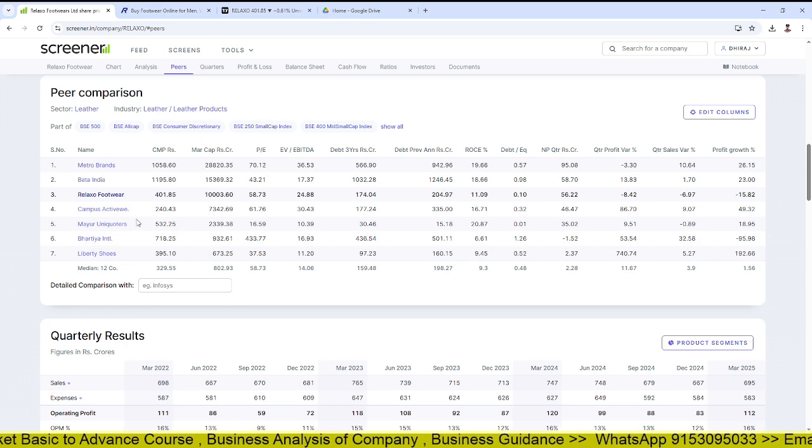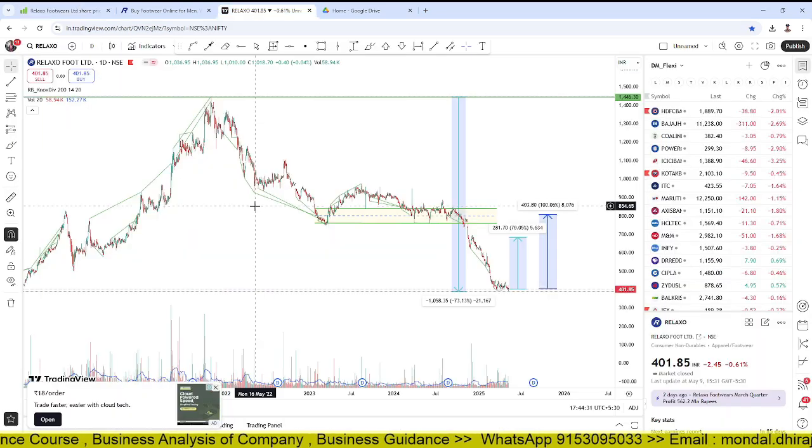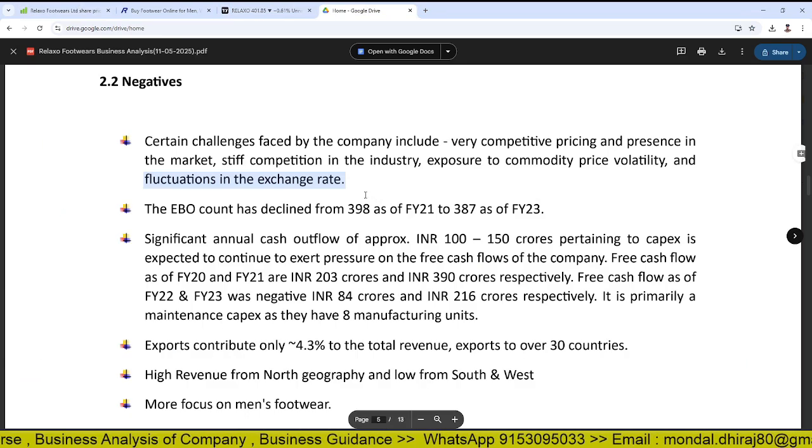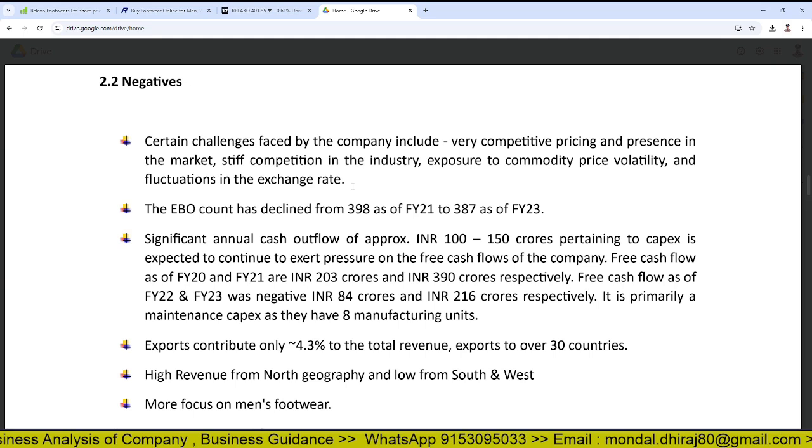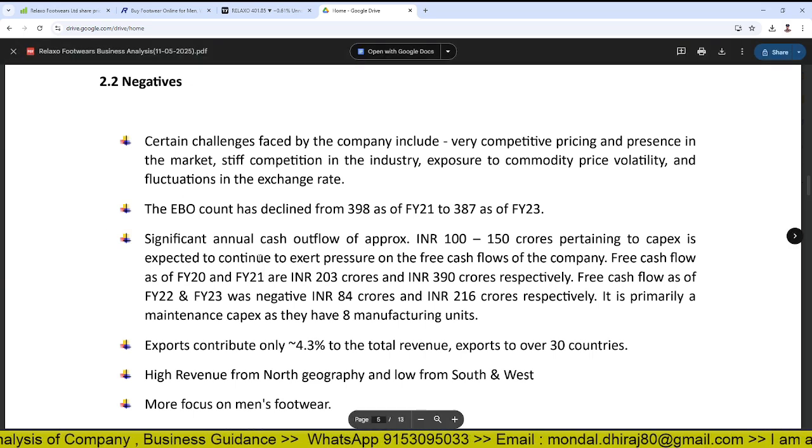So lots of companies are the competitors. The company was trying to increase the price, then finally it was reduced because of the sales going down and the competition. So these are the challenges.